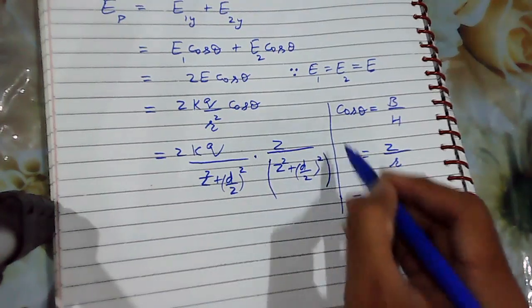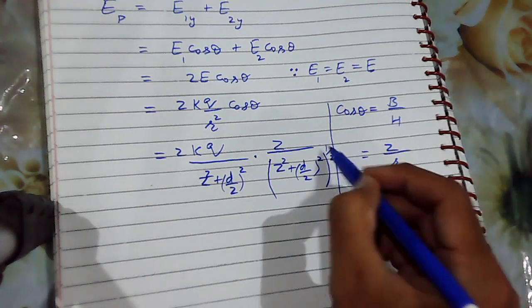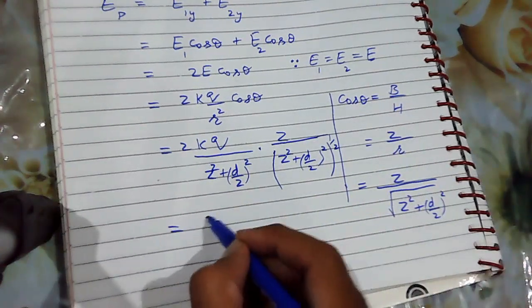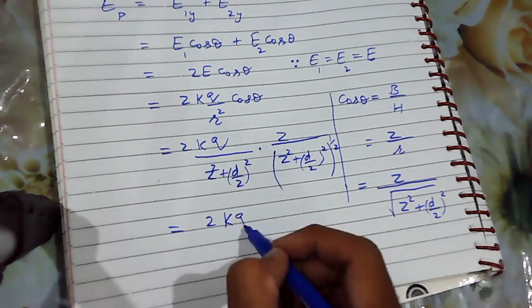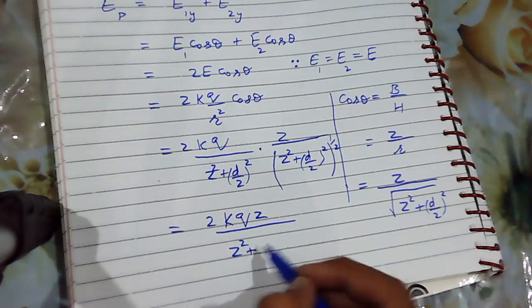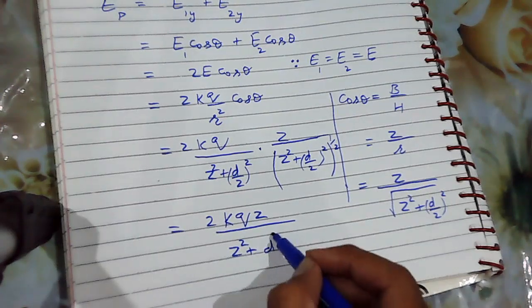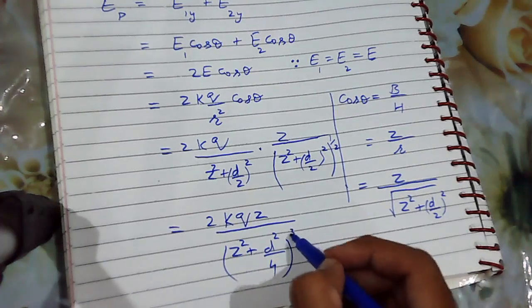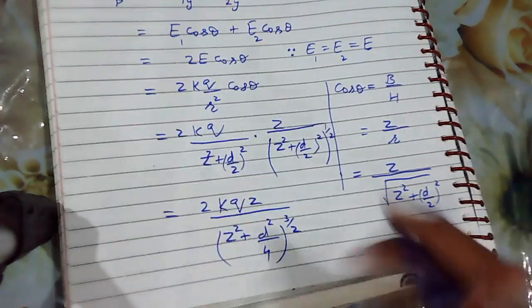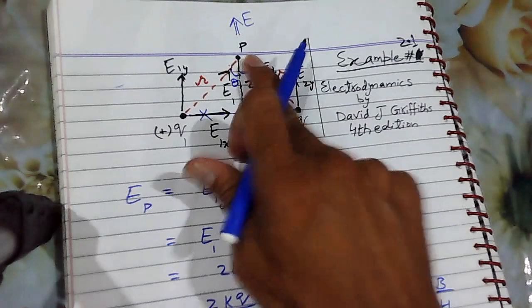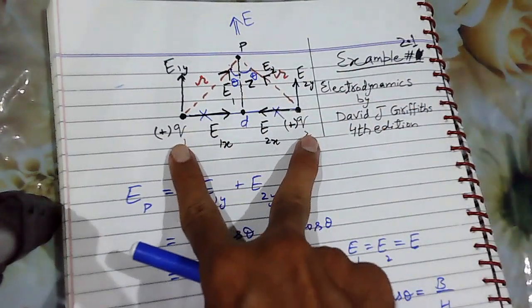It means whole power 1 by 2. Now in the next step it becomes 2kqz divided by z square plus d square by 4 whole power 3 by 2, and this is the net electric field at our point P due to these two charges.